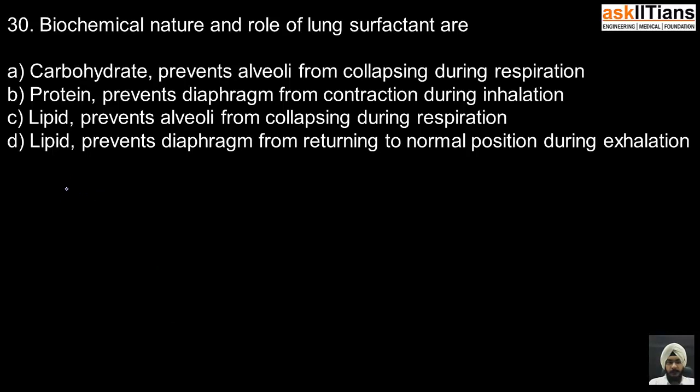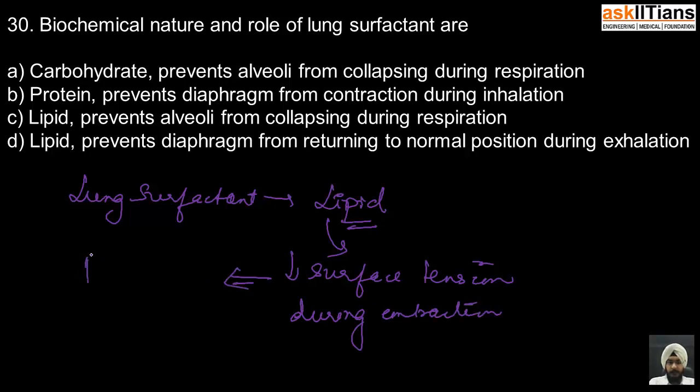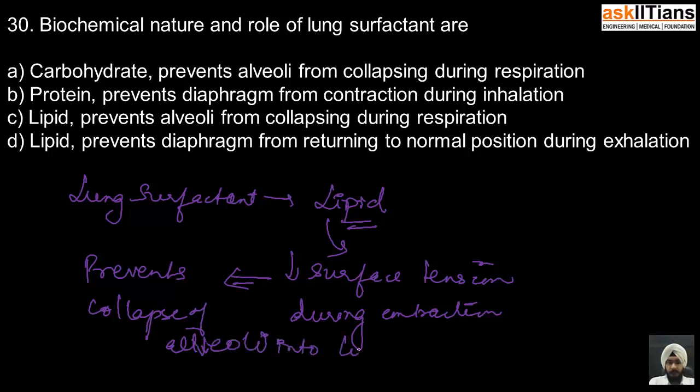So before going on to the options, let me give you a brief explanation of lung surfactant. Lung surfactant is a lipid present in the alveoli wall which basically decreases the surface tension during contraction, due to which it prevents the collapse of alveoli into lungs during respiration.